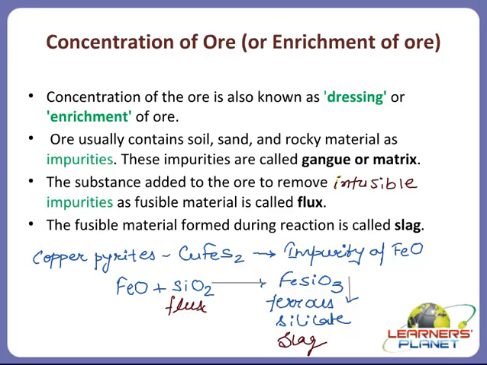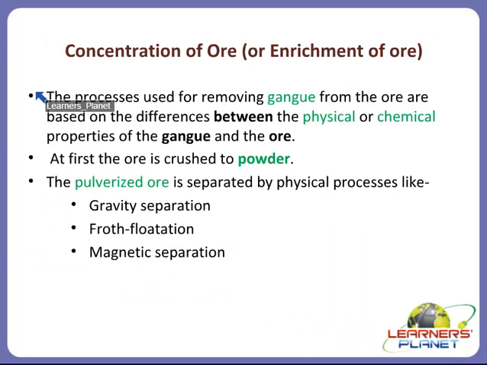Now let's take up the process. The processes used for removing gangue from the ore are based on the differences between the physical or chemical properties of the gangue and the ore. What should be the first step, students? It should be the crushing of ore into powder.